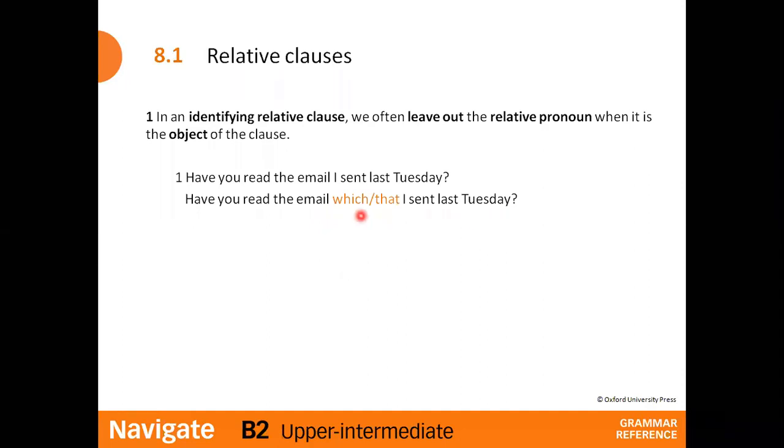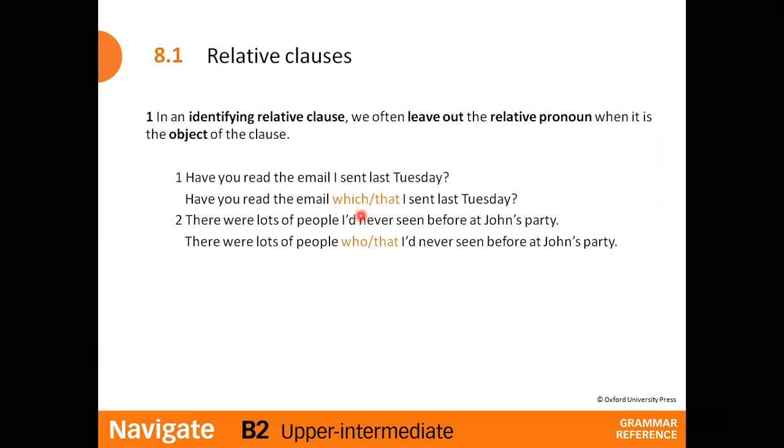Here you can see which and that used. In the first sentence they are omitted. The reason is that which and that are used as the object of the sentence here, so you can omit the relative pronoun.